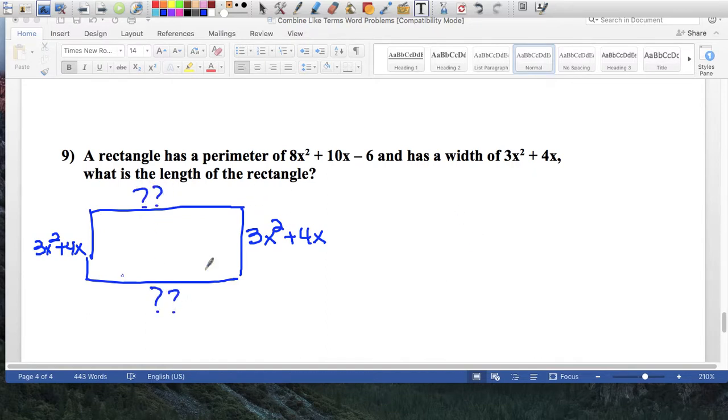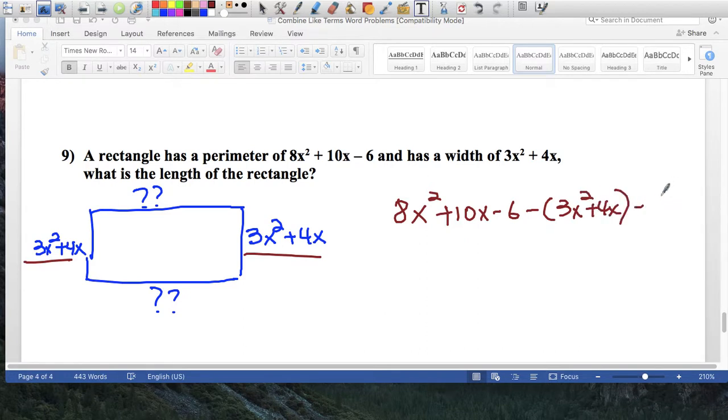Right? But I know if I add all those 4 sides, I get a grand total of 8x squared plus 10x minus 6. So I want to take out this guy, and whatever remainder is going to represent these 2 sides. So let's remove those 2. And again, you can write it out, minus 3x squared plus 4x, and do it again, minus 3x squared plus 4x.